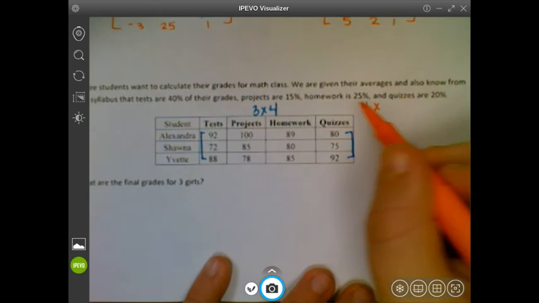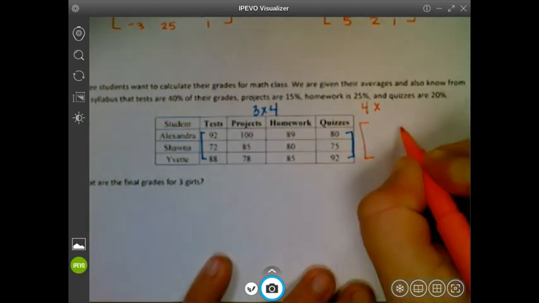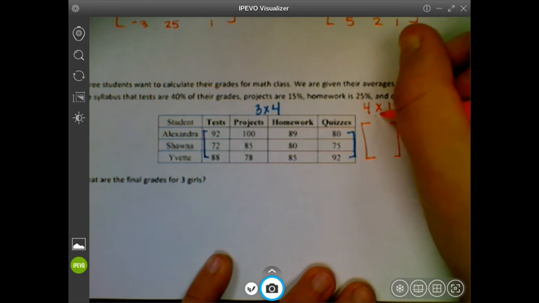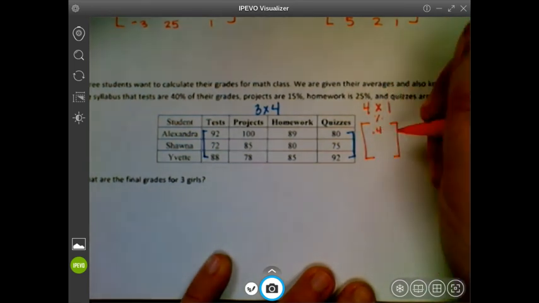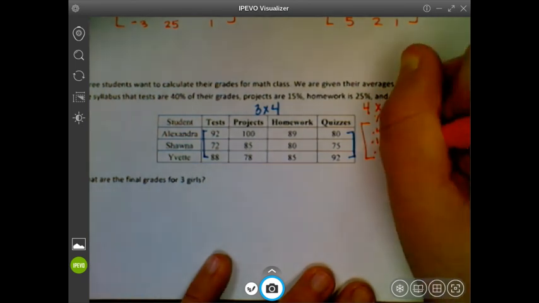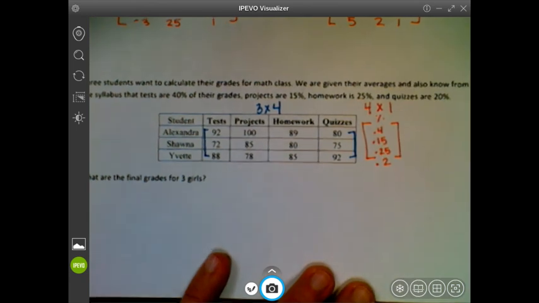Because those two numbers have to match. So it has to have 4 rows, 1, 2, 3, 4, and it'll be just one column. And in here, you're going to put the percents. So 40%, so 0.4, 15%, 0.15, 25%, 0.25, and 20%, which is 0.2.